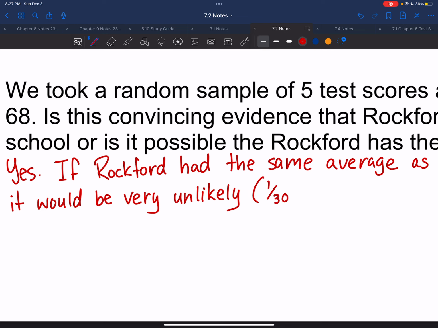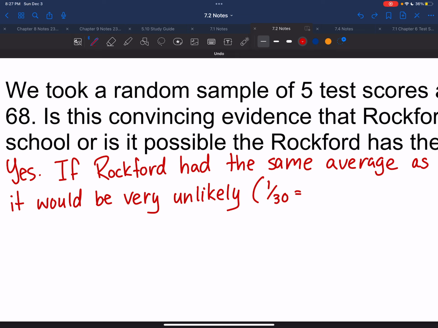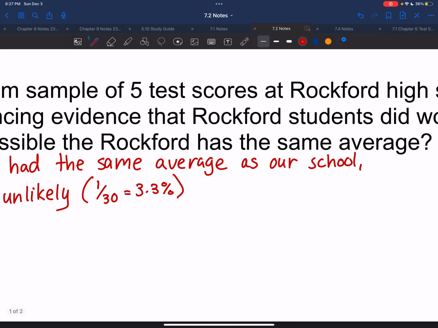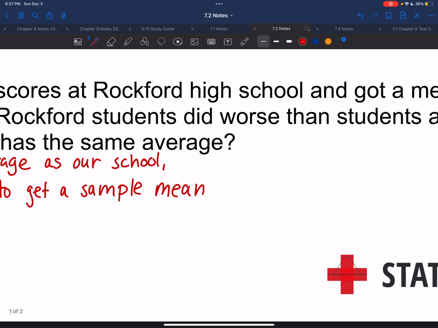We had 1 out of 30, which equals about 3.3% chance. It would be very unlikely to get a sample mean of 68 or lower.